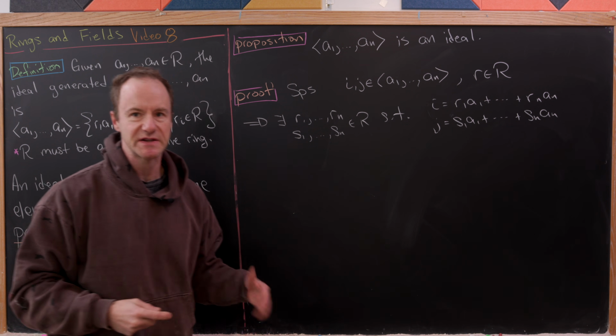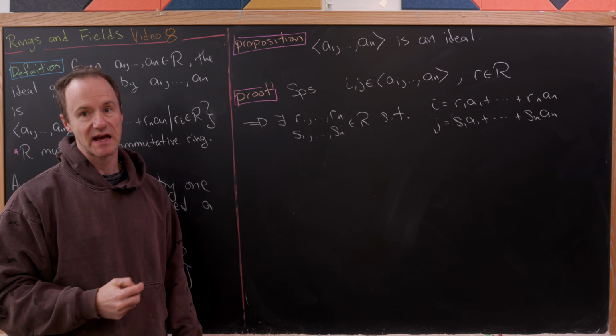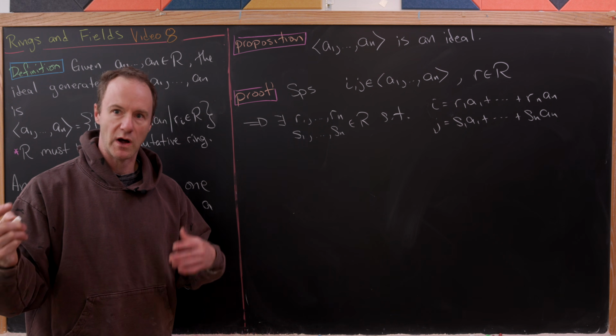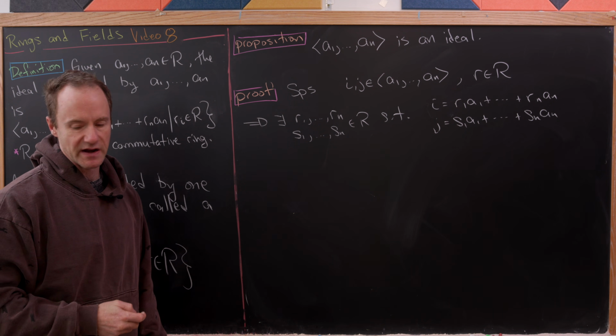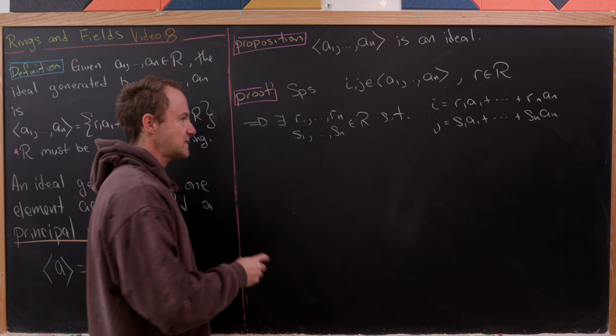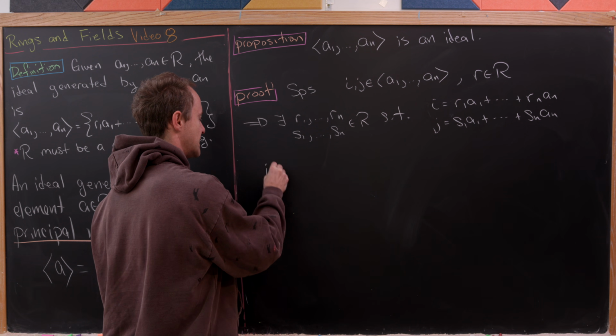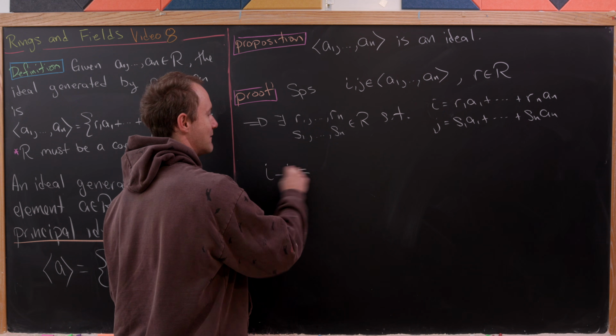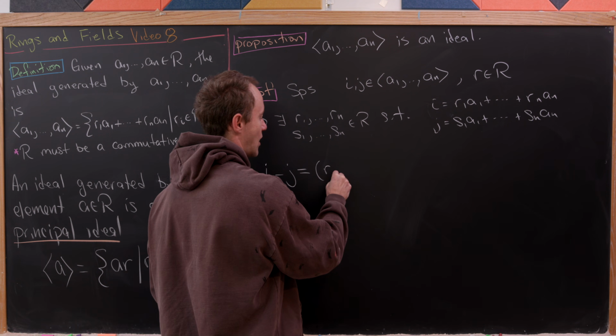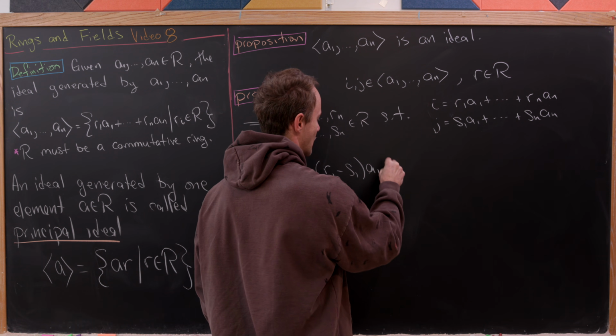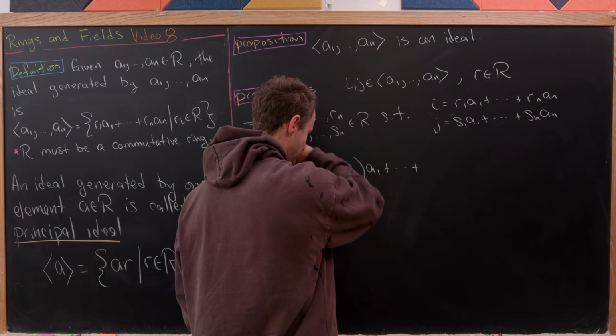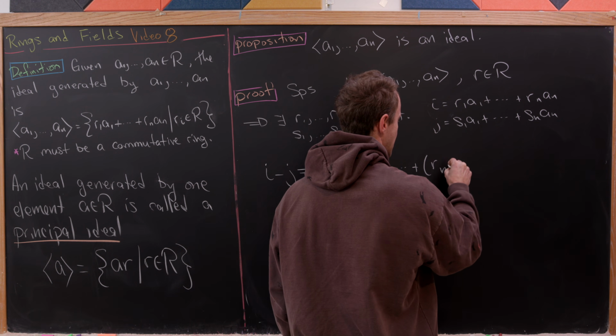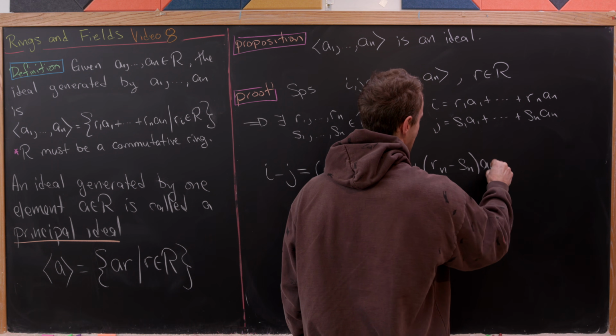That's just what it means for i and j to be inside of what will be an ideal generated by a1 up to an. So now let's look at the difference. We've got i minus j is going to be equal to r1 minus s1 times a1 added all the way up to rn minus sn times an.